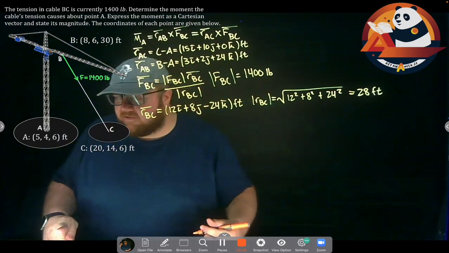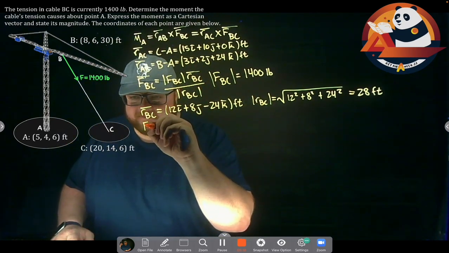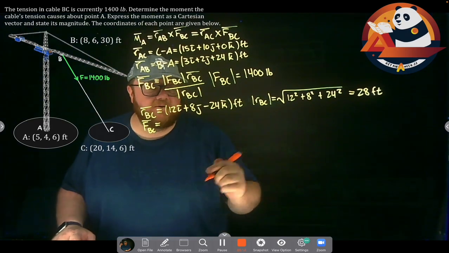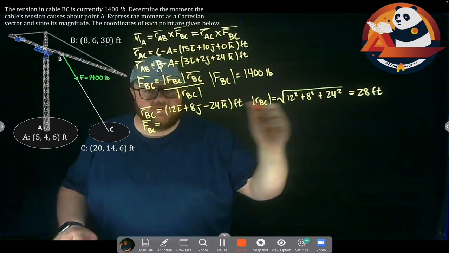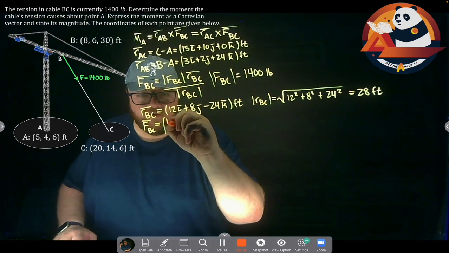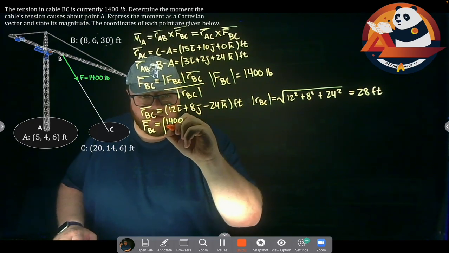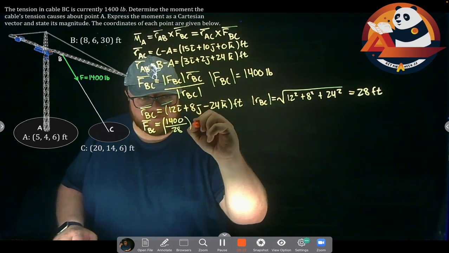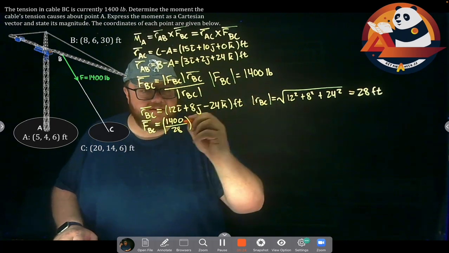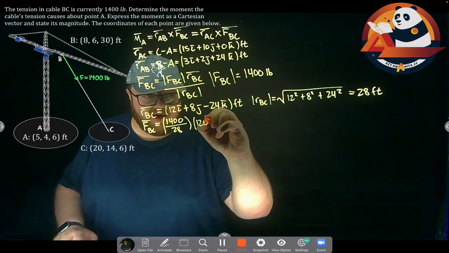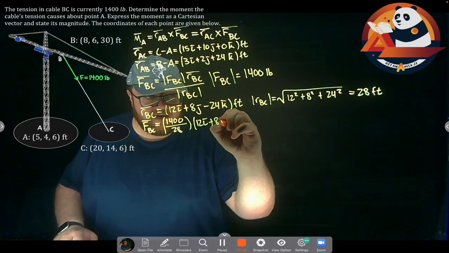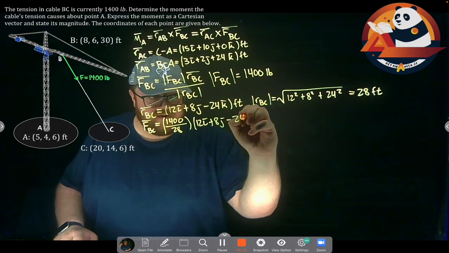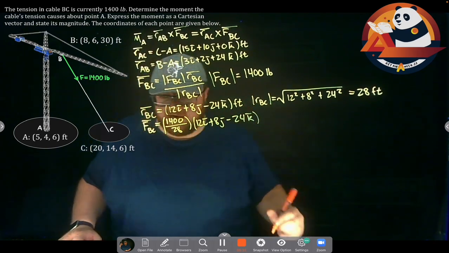So let's go ahead and find that really quick. FBC as a vector, let's take the two constants, 1,400 and 28, and factor them out. 1,400 divided by 28 times my position vector, 12i plus 8j minus 24k.